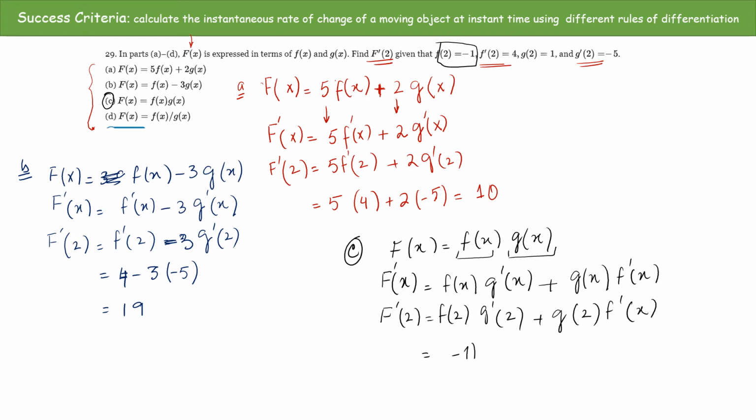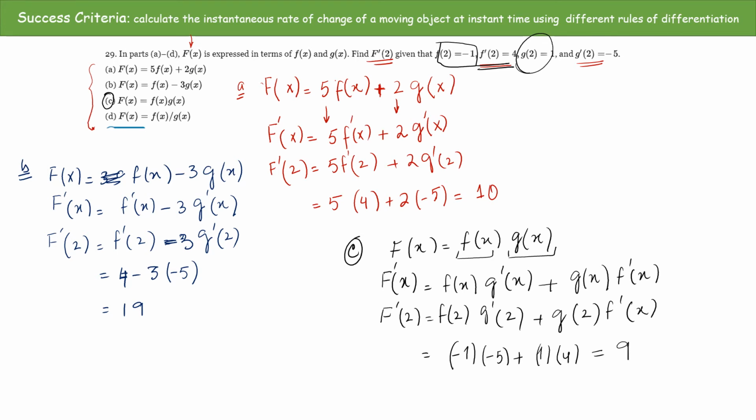Now g prime of 2 is -5, plus g of 2, which is equal to 1, times f prime of 2, which is 4. So we will get 5 plus 4, which is equal to 9.